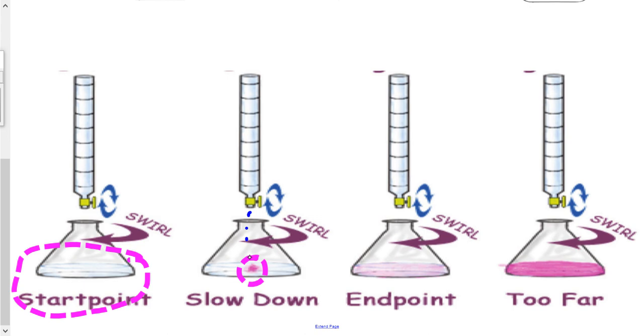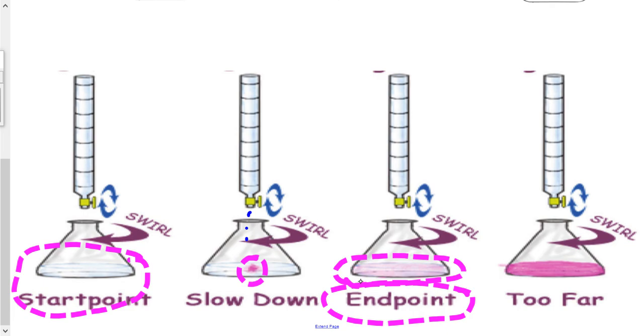And then eventually when we reach the endpoint is where we're going to see a color change. The solution is going to be slightly pink. This is when we need to realize that we should stop because all the acid has been neutralized.